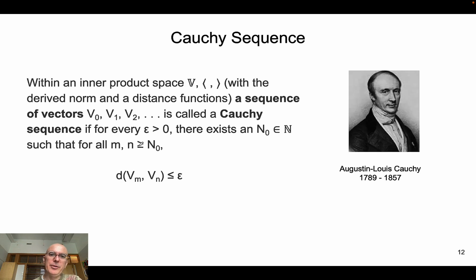I also want to introduce very quickly the idea of a Cauchy sequence within an inner product space V that also has an associated norm and distance function with this inner product.